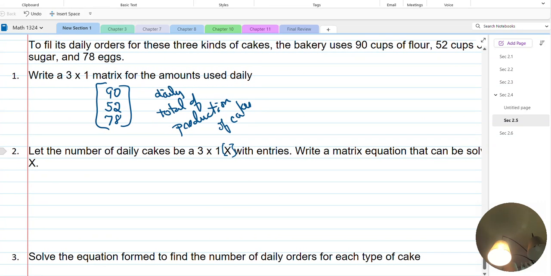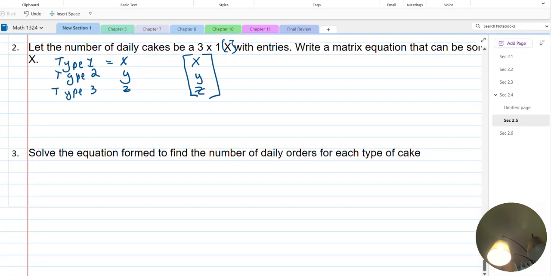So type 1 is x. Type 2, y. And type 3, z. All right. So we're going to do a 3 by 1. X, Y, Z.